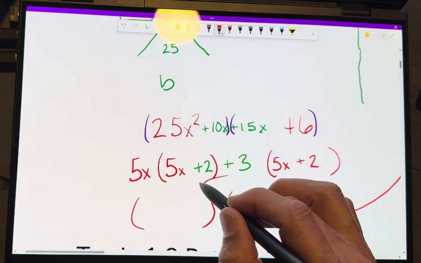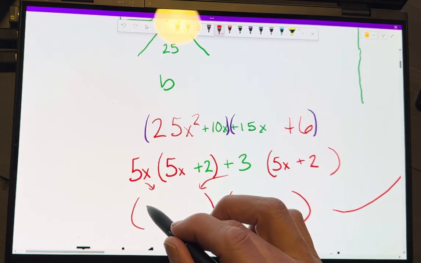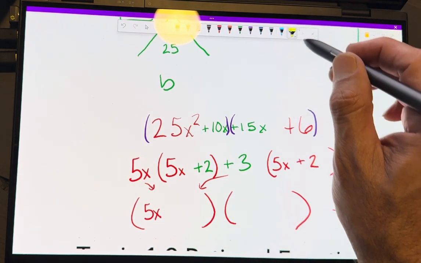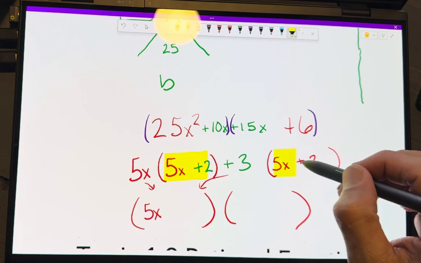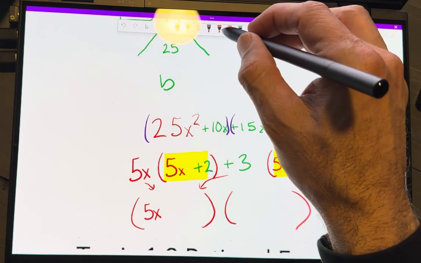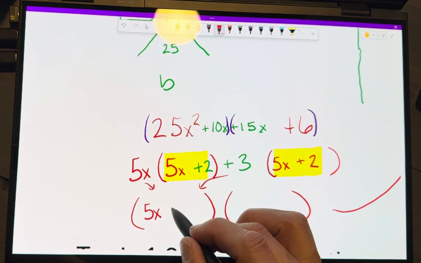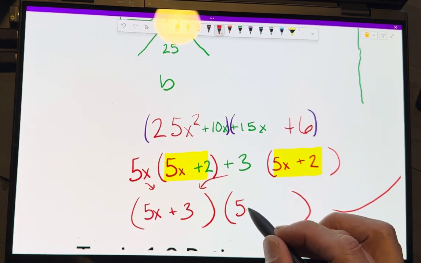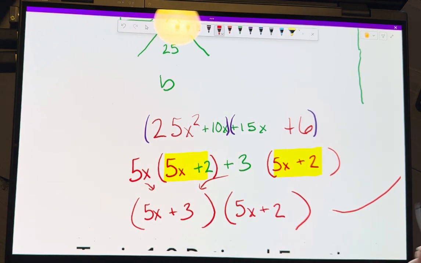We bring these to the front. That gives us 5x, and we do have like terms here, which we need. And so we can carry on. So we got 5x plus 3 and 5x plus 2.